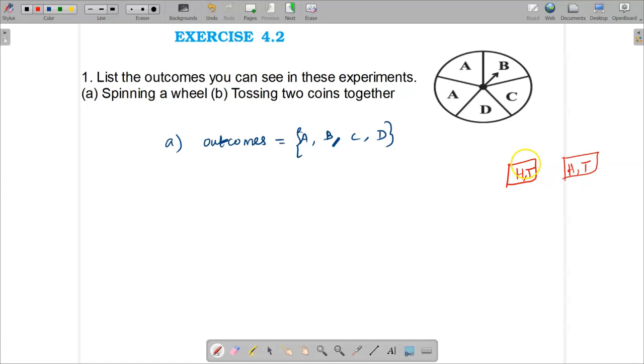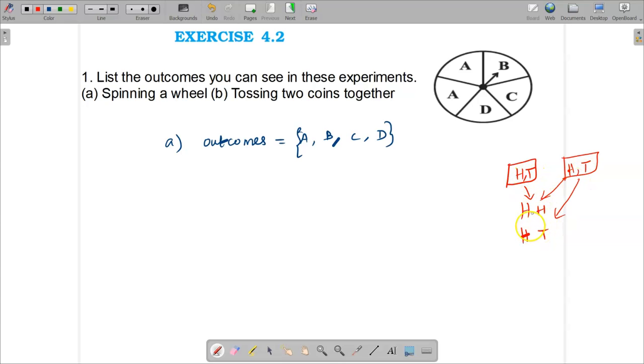Whenever two coins are tossed together, I can get head from one coin and also head from another coin. That is one possibility. Another possibility, one coin I can get head, another coin I can get tail.